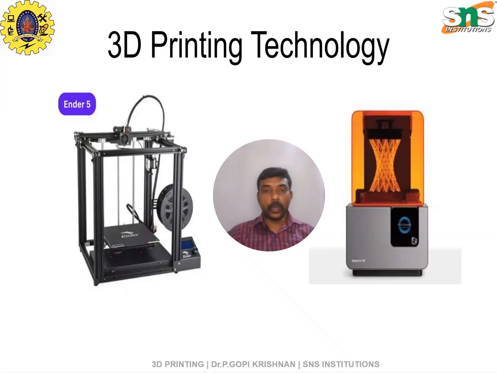So this can also be called additive manufacturing, which gives the precise meaning that the layers are added one by one in such a way that the complete volume of the component is manufactured using the 3D printer. Whereas when the material is removed layer by layer, it is called subtractive manufacturing technology, which is used in the conventional machines. This gives the precise difference between additive manufacturing and subtractive manufacturing.